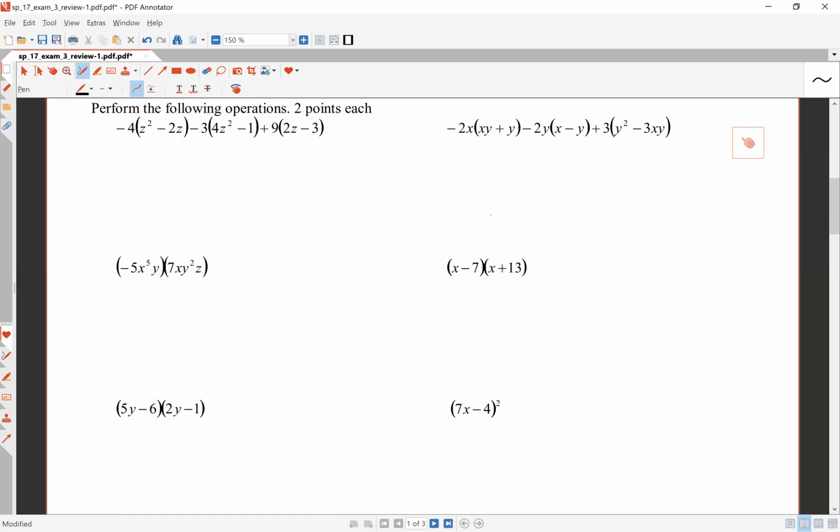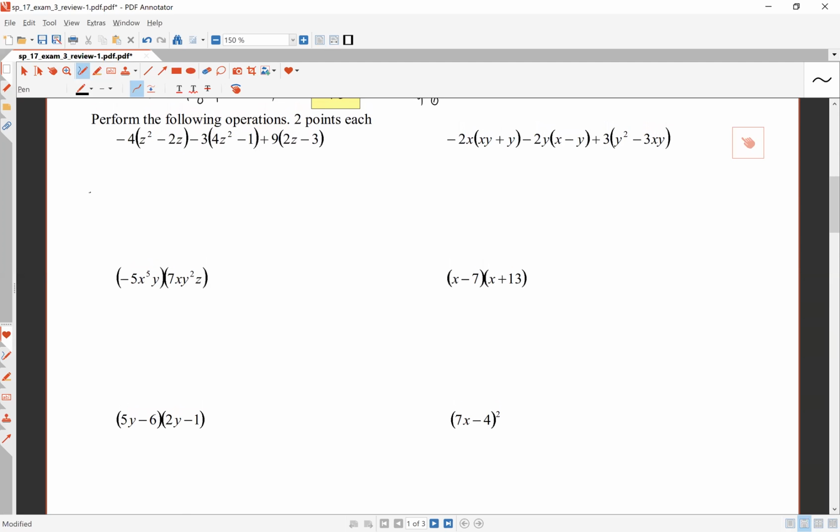Perform the following operations. -4 times z squared minus 2z, we distribute the -4 across. -4z squared, and -4 times -2z is 8z. -3 times 4z squared is -12z squared, and -3 times -1 is +3.